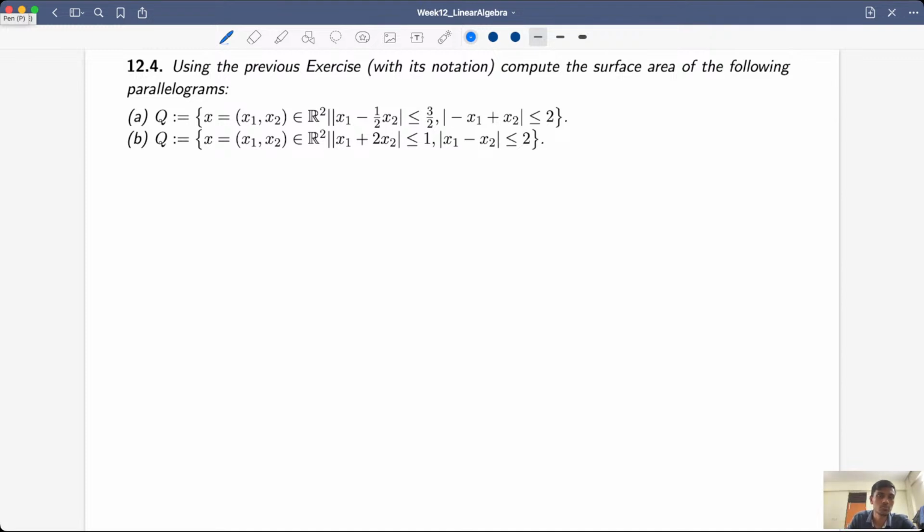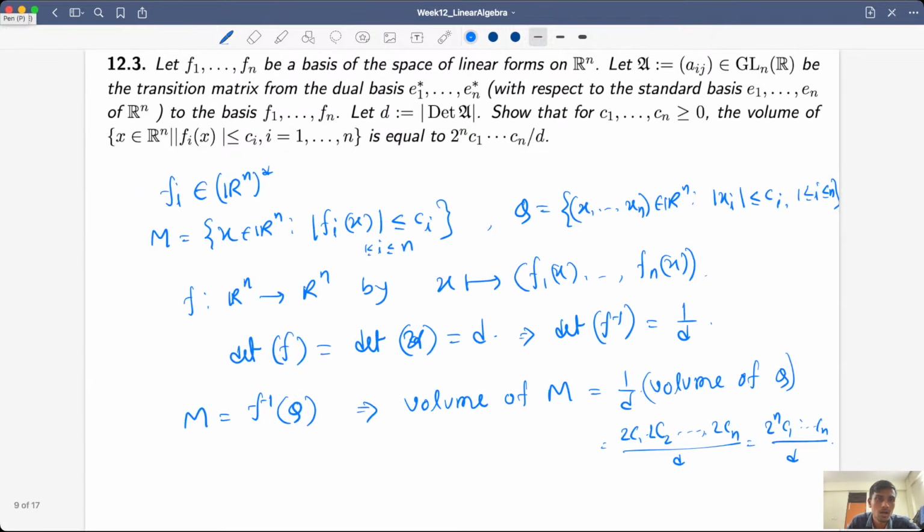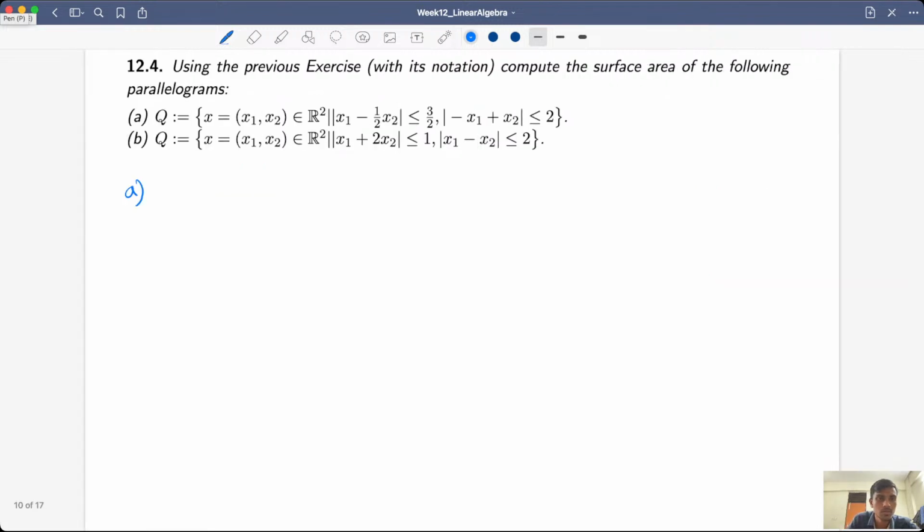Okay, so in R2, in the previous thing we have seen that if we have some solid thing which is given through linear functions fi from Rn to R, then the volume is equal to this one. In this case, if I define f1(x1, x2) as x1 minus half x2, that is a linear functional on R2.